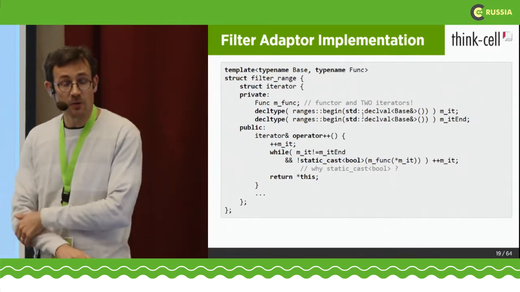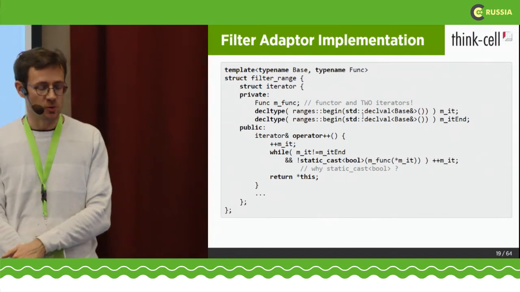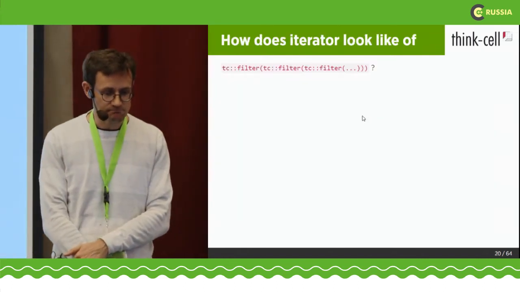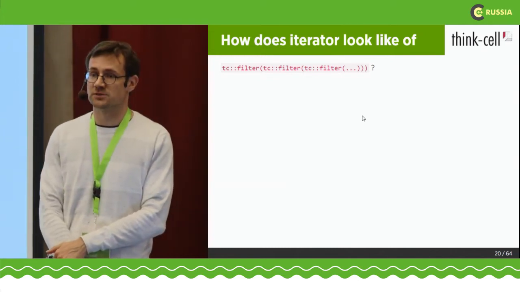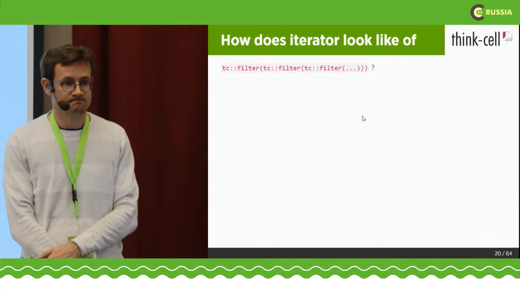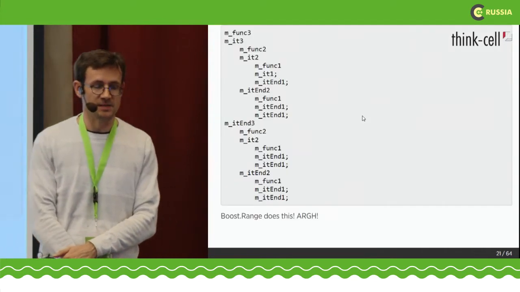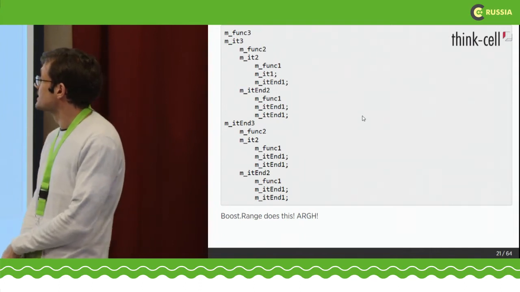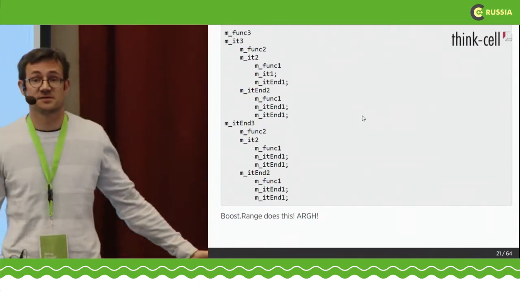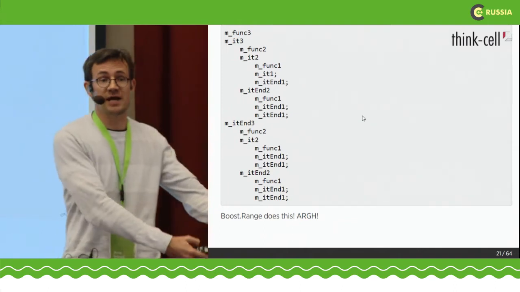Okay, that's kind of cool. Well, how does the iterator look like of a filter of a filter of a filter? Like this. So it's quite natural to stack these things. You get a range from somewhere.